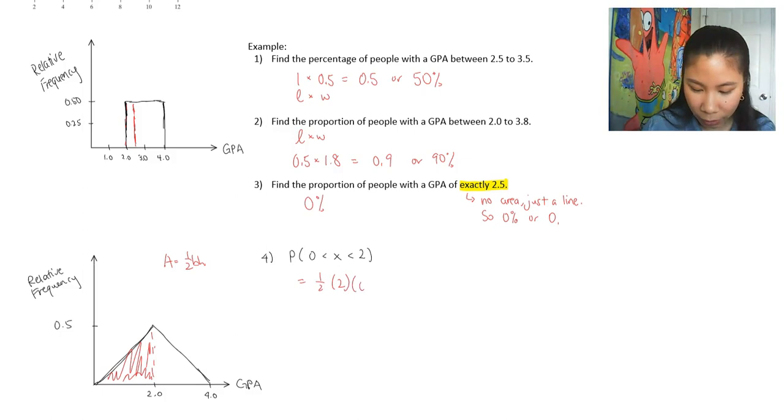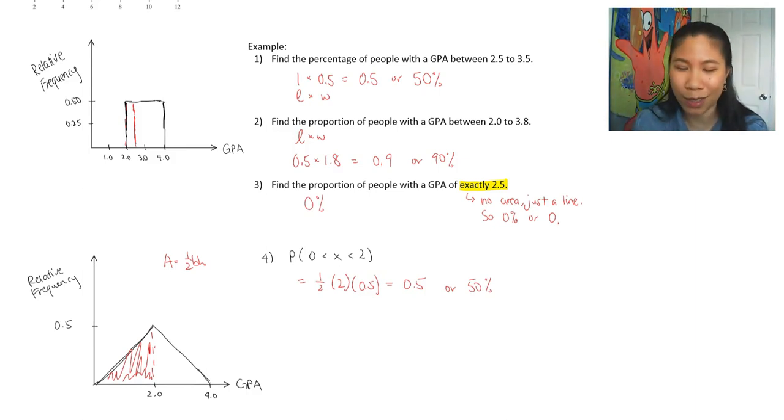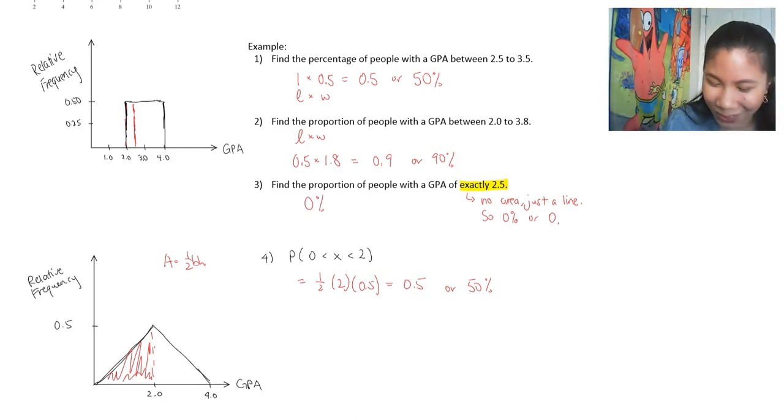And the height of this triangle would be the 0.5, because that's how far the relative frequency goes. When we multiply that out, you should get 0.5, or 50%, which makes sense. That was half the triangle. So even if you could tell right away from the triangle being 50% shaded, done. You don't have to use the area formulas every time.